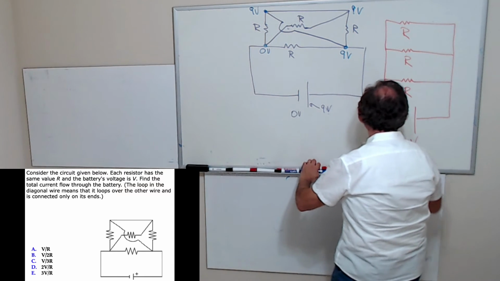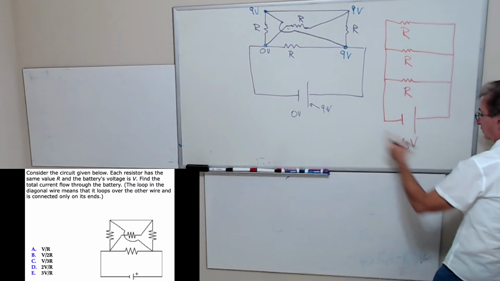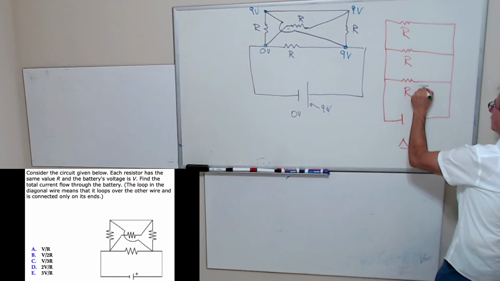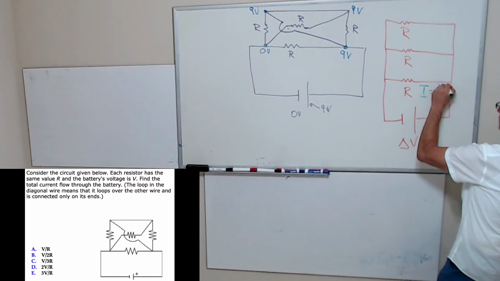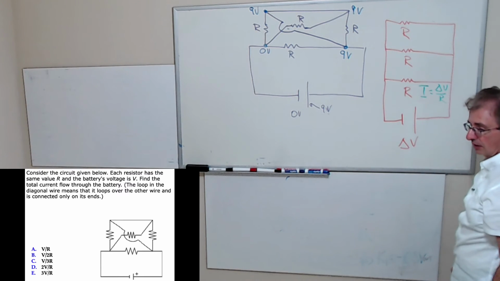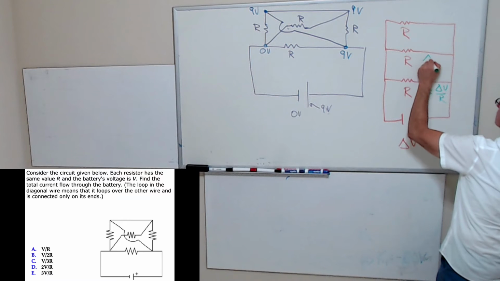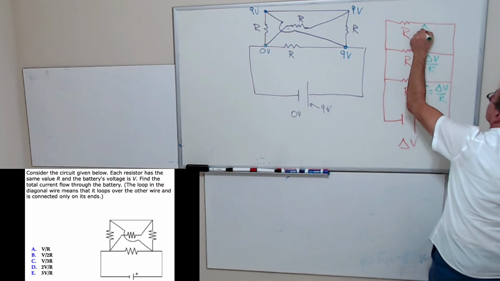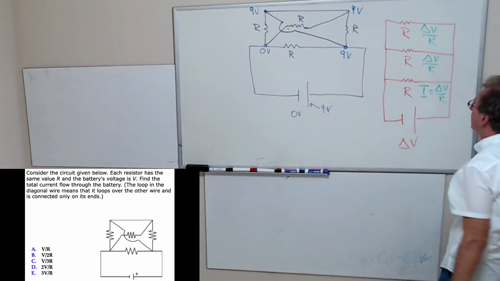Since each one has the same power supply voltage, 9 volts, delta V, the current is going to be delta V over R on this one, delta V over R on this one, and delta V over R on that one.